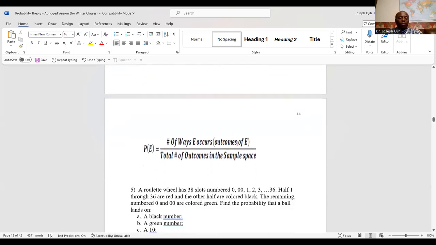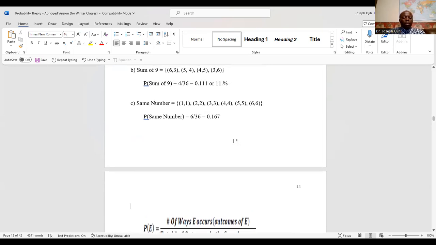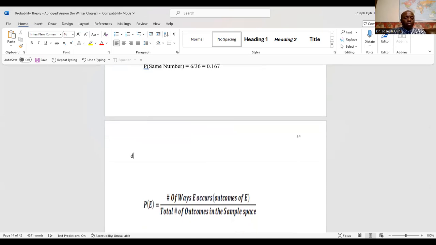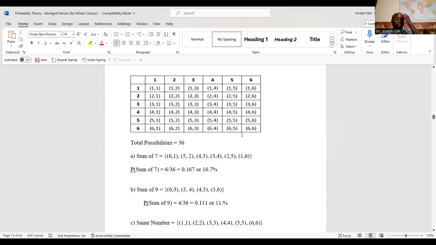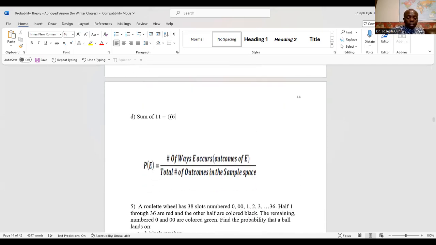So for the sum of 11 at D, we got 6, 5, then 5, 6.